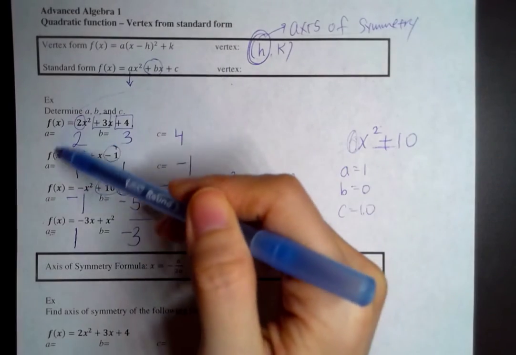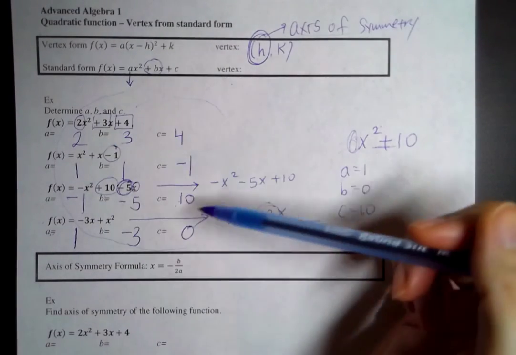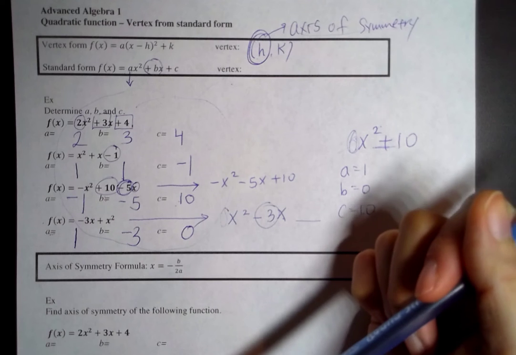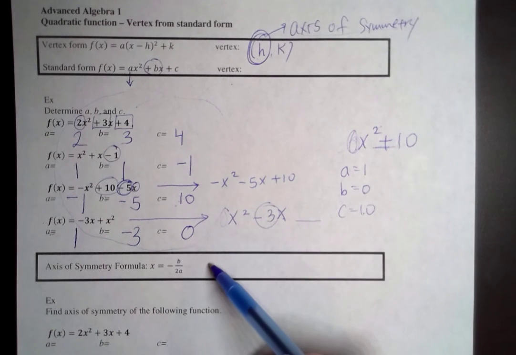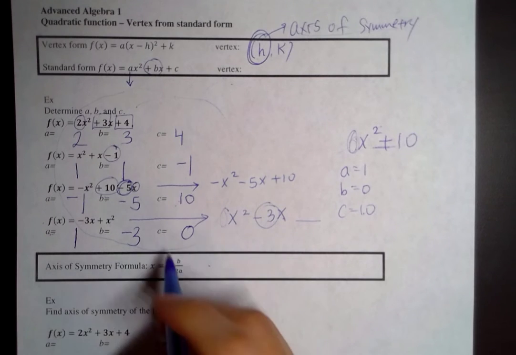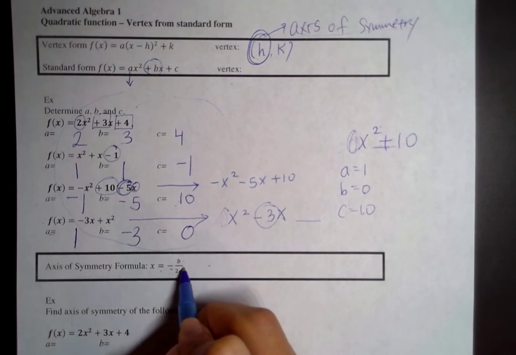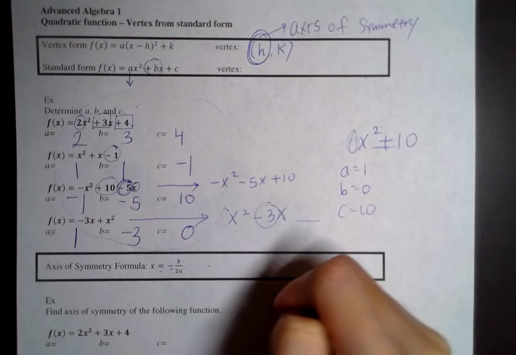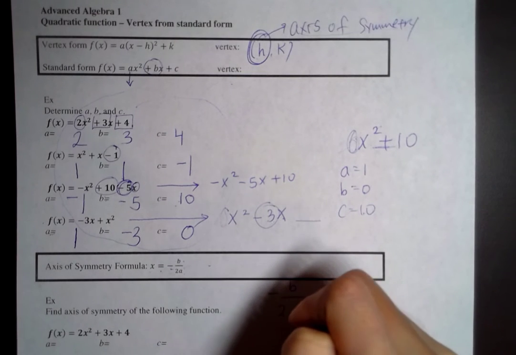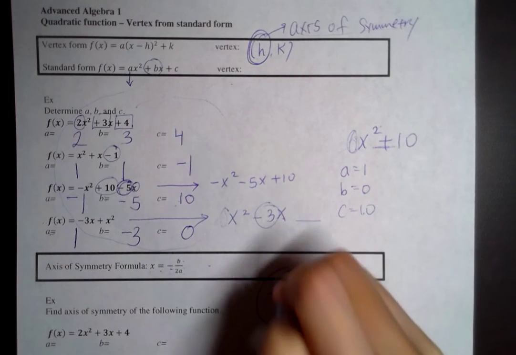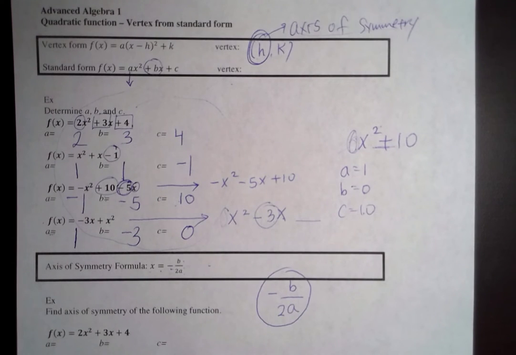Now you know how to get your ABC, so we will use this ABC to find the axis of symmetry. And here's the formula. The axis of symmetry formula is x equals negative B over 2A. Negative B over 2A. So that's my axis of symmetry. You need to say it 10 times, then you will memorize it.